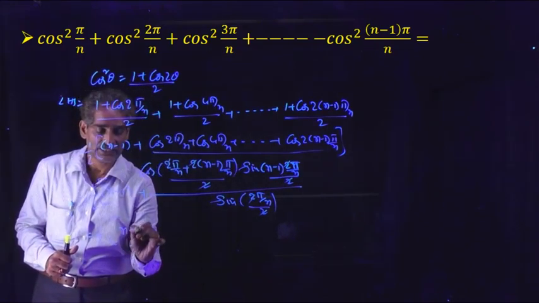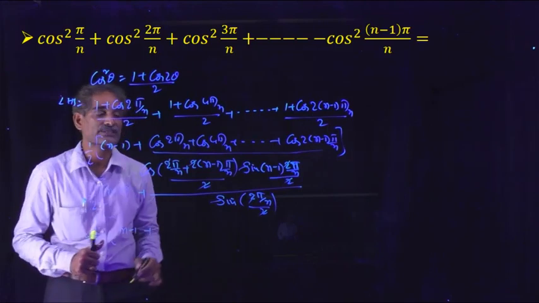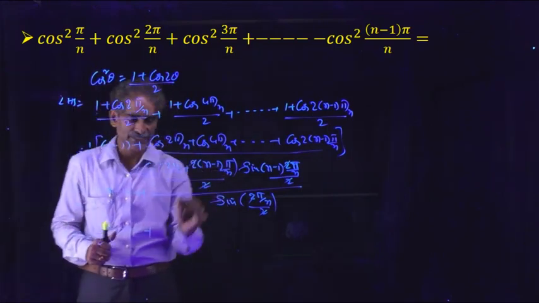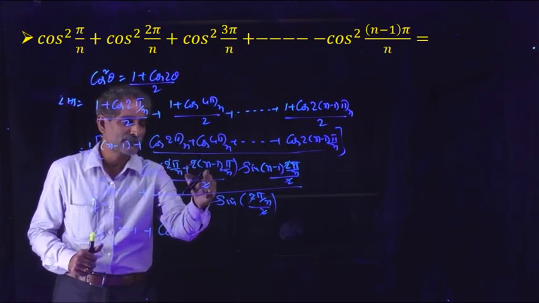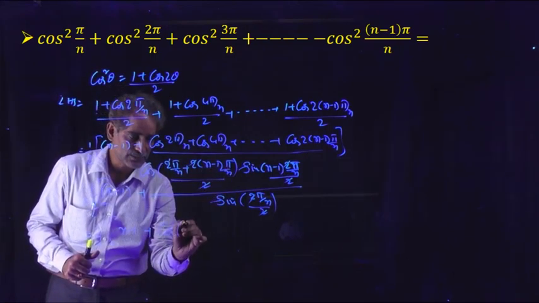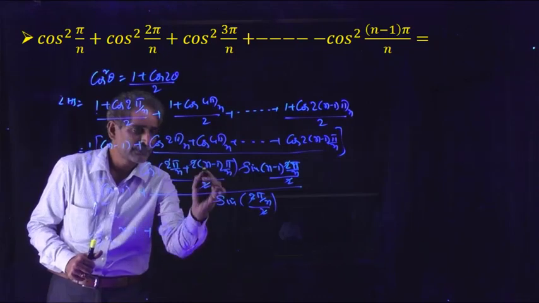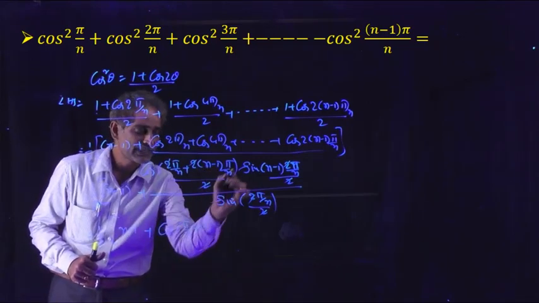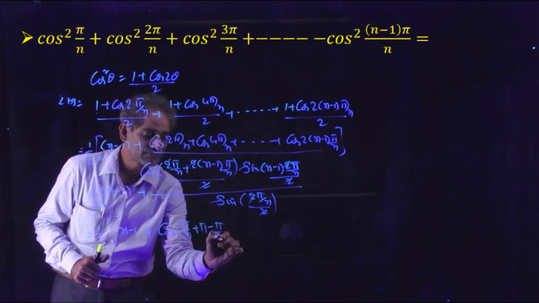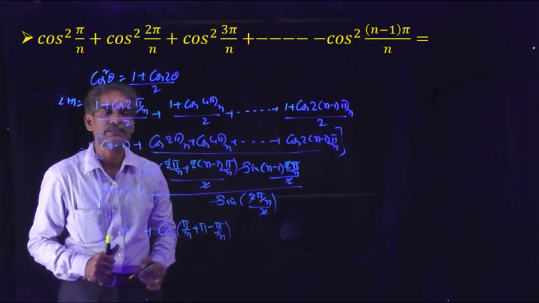Here n minus 1 plus, so simplify this bracket, cos of pi by n plus pi by n minus pi by n. Let's see here, pi by n plus n pi by n means pi minus pi by n. So these two terms will get cancelled.